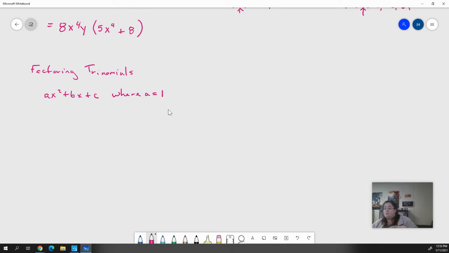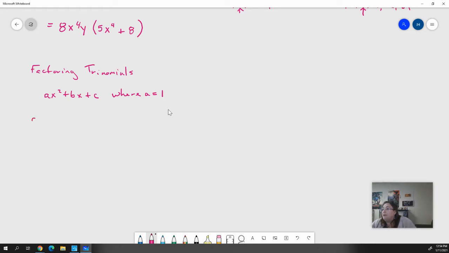And I have this little chart that I use when I'm dealing with those kind of expressions, and you'll see it during your class, but you'll also see it here to kind of understand what those factors are going to look like.